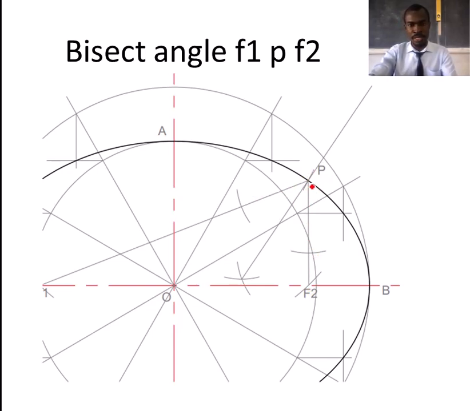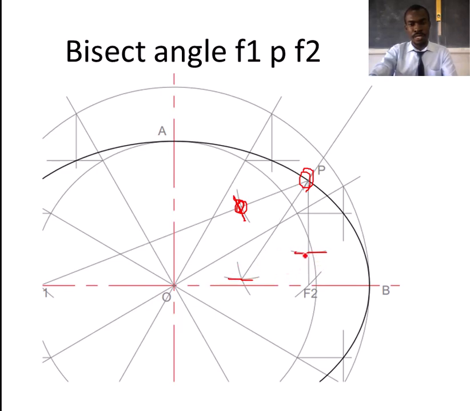The way you do that is you get your compass, open to any convenient radius, stand at point P, strike an arc to cut the line going to F1 and cut the line going to F2. Then you get your compass with the same radius, stand at this point here where you've cut on the left and strike an arc, this arc here.